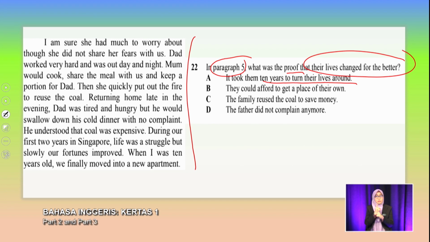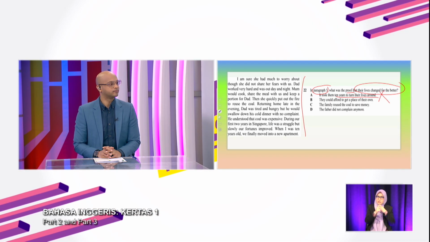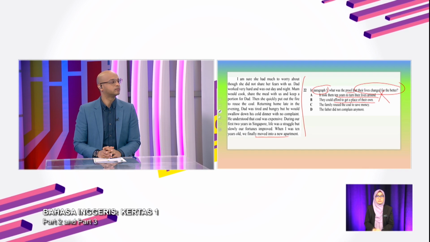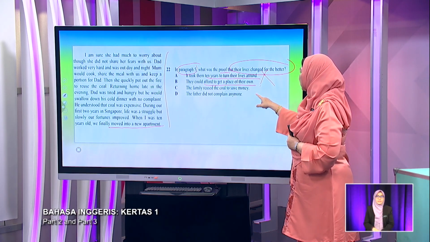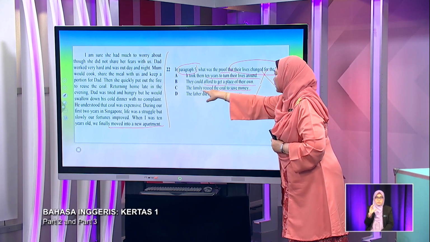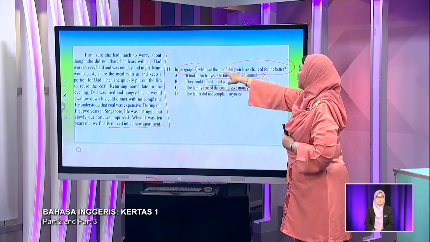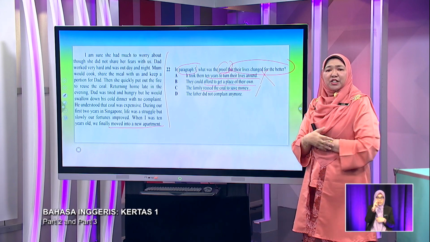We are talking about 10 years here, but is there anything that talks about 10 years here? I don't find it. You don't find it, so it's not the answer. Next, they could afford to get a new place of their own. If we look at the last paragraph, maybe. Next, the family reused the coal to save money. Is it correct? Is it about the proof that their life has changed? Is it the proof?